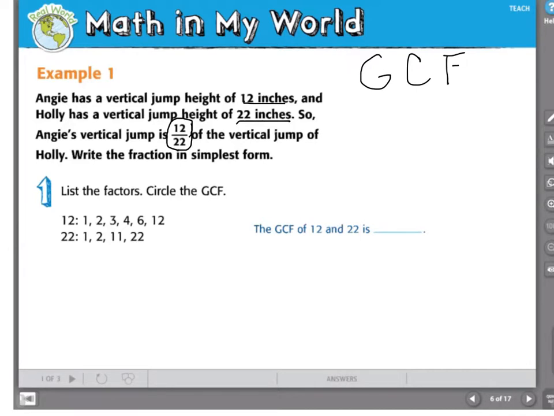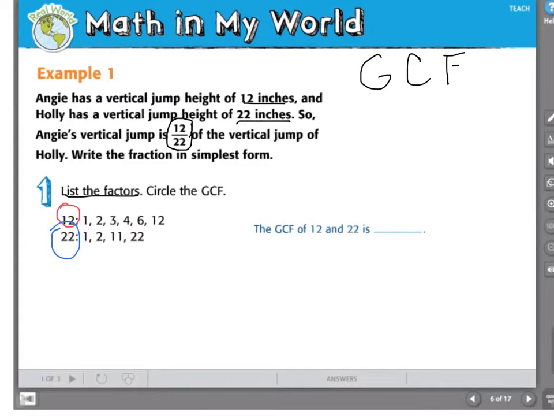Our very first step is to list all the factors of both the numerator and the denominator. We're lucky here, they've listed the factors for us. All the numbers that can divide evenly into 12 are 1, 2, 3, 4, 6, and 12.